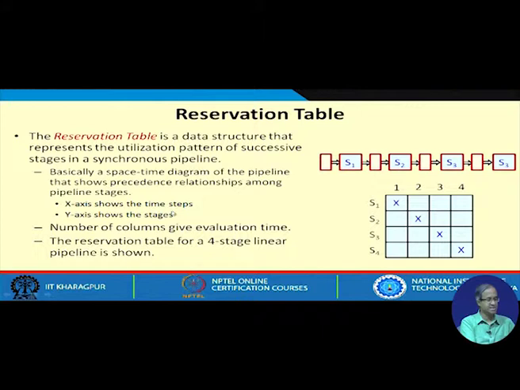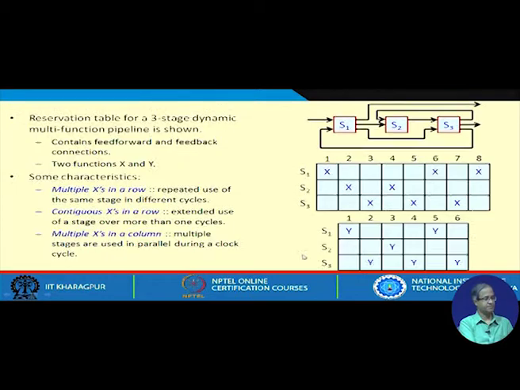The x axis, as you can see, shows the time steps and the y axis shows the stages. The number of columns here, 4, indicates the total time required by the pipeline to evaluate the result. So, it is 4. So, the reservation table is like this.